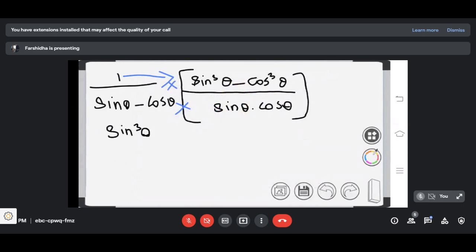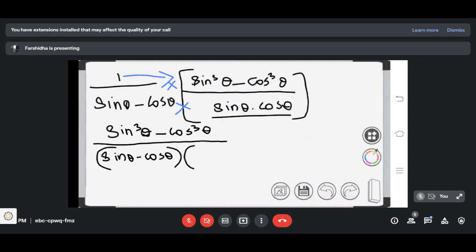So it will be sine cube theta minus cos cube theta divided by, see the denominator, sine theta minus cos theta multiplied by sine theta into cos theta. Sine theta minus cos theta, first one, in bracket, this one, sine theta into cos theta. So we multiplied both the terms and written together.